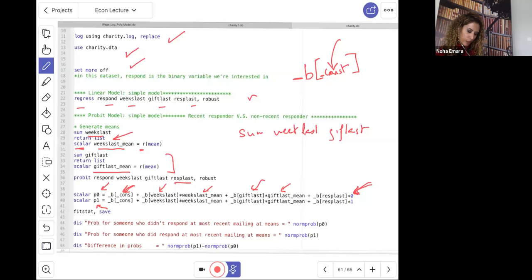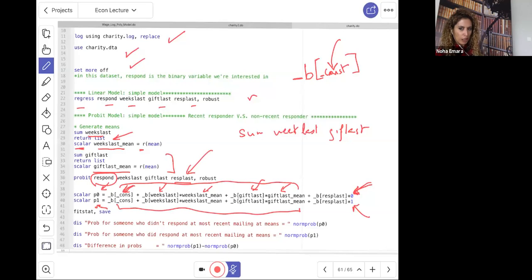And I'm going to do the same, just copy and paste whatever you write here, it's exactly the same. The only thing that's going to change is the 1. What's the probability that the person responds given that he or she responded to the most recent mailing? And the difference between these two would give me the answer. What's the change in the probability of response given that the person responded to the most recent mailing?